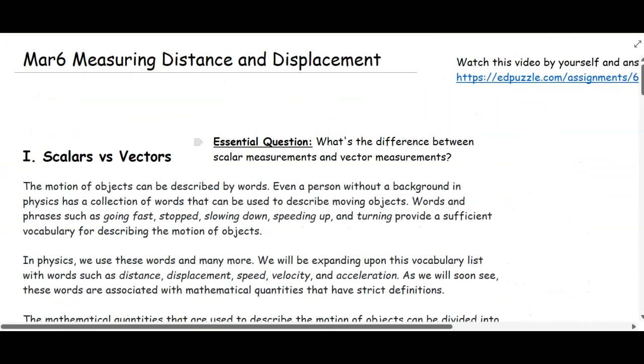All right, so today's lesson is about measuring distance and displacement. The word displacement is not one you know. I don't think you use it in normal conversation, but it means pushing something out of the way or moving something from one place to another.